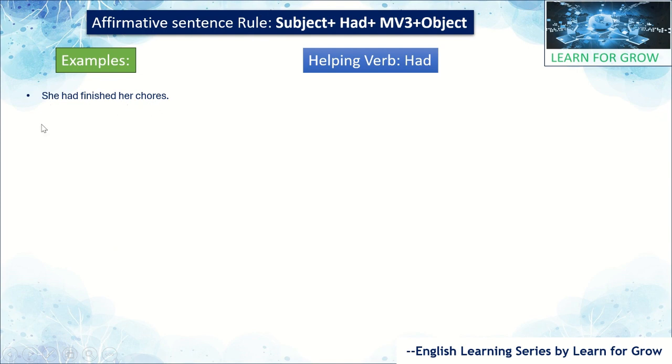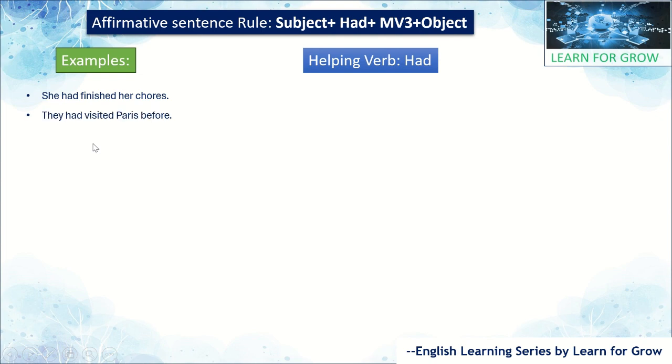See here, she is the subject, had is the helping verb, finished is the third form of the main verb, finish being the first form. And her chores is the object, chores meaning homework. Based on the rule only we have given the example, right?